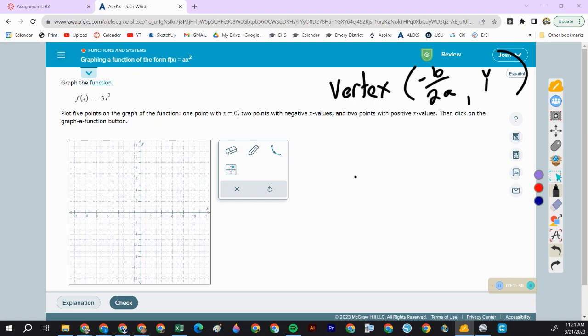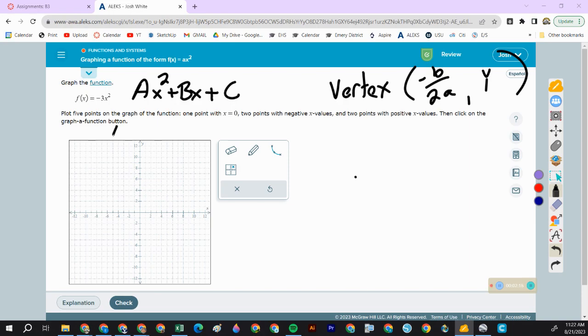Well, first we need to figure out where the center is. The center for a quadratic is called the vertex. In a quadratic, we have ax squared plus bx plus c, and the x coordinate of the vertex is at negative b over 2a.